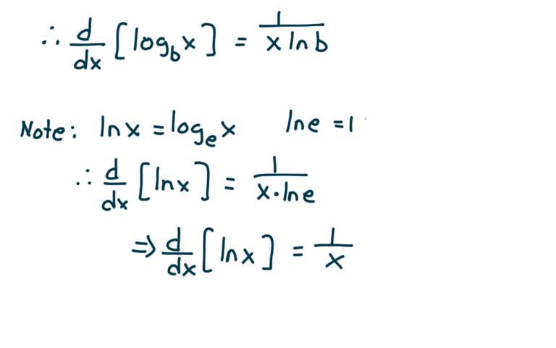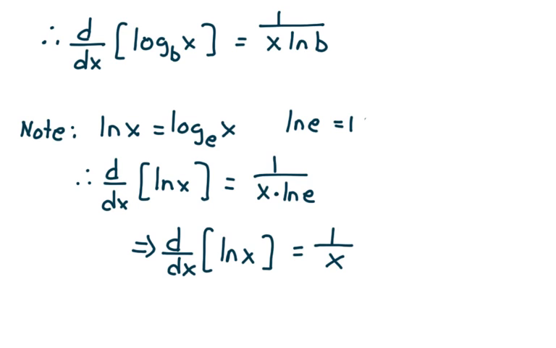And what that says is the derivative of log base b of x with respect to x is 1 over x times natural log of b. Now let's look at a special case. Now, natural log of x is log base e of x, okay? And natural log of e is the same as 1.